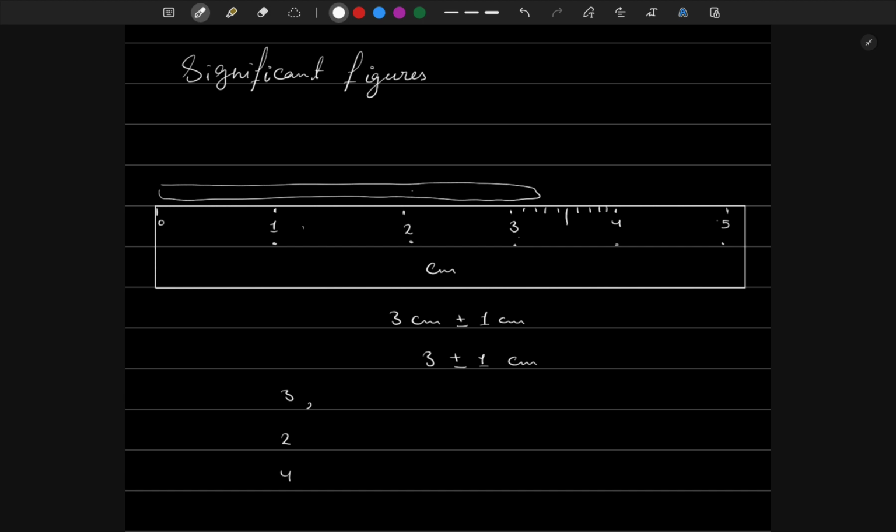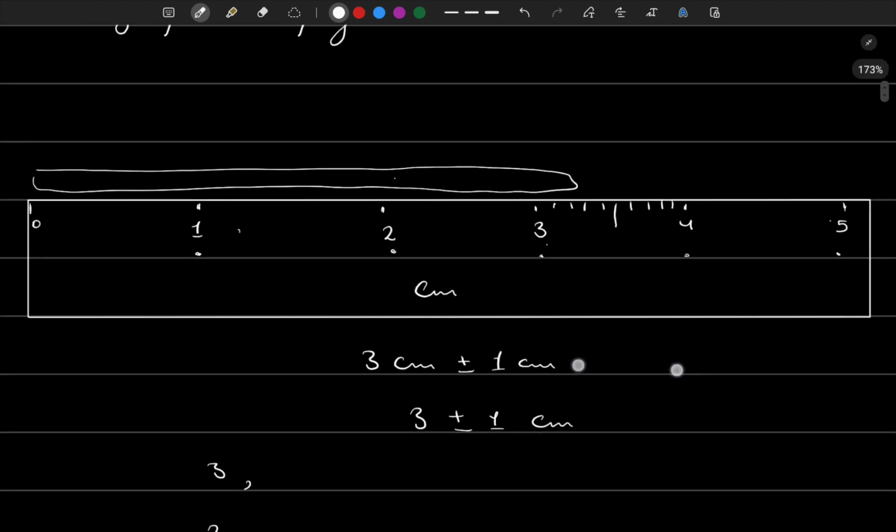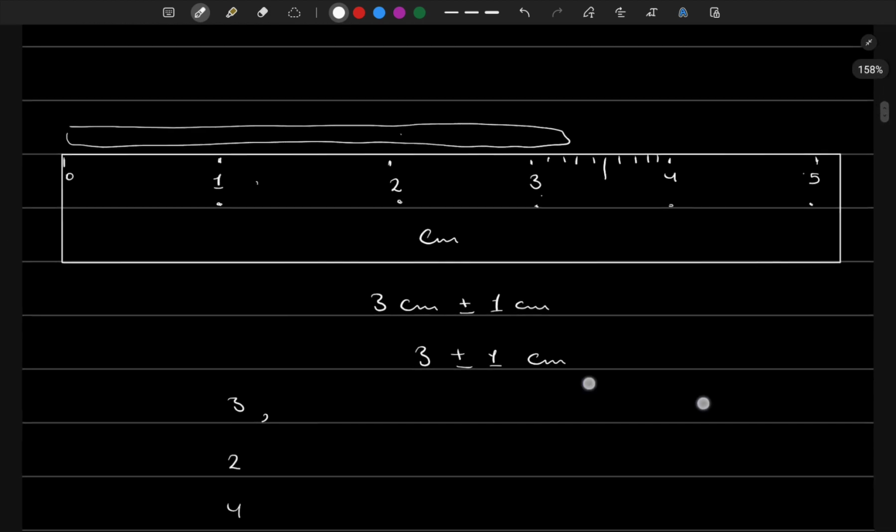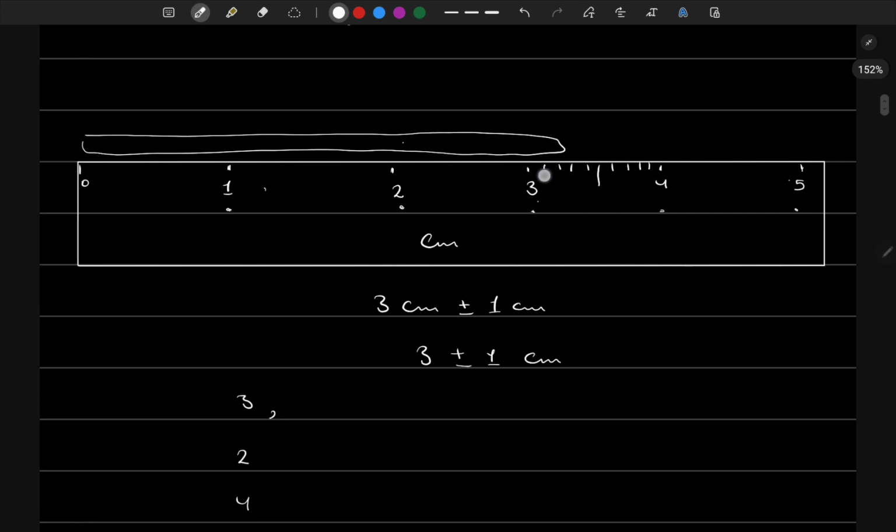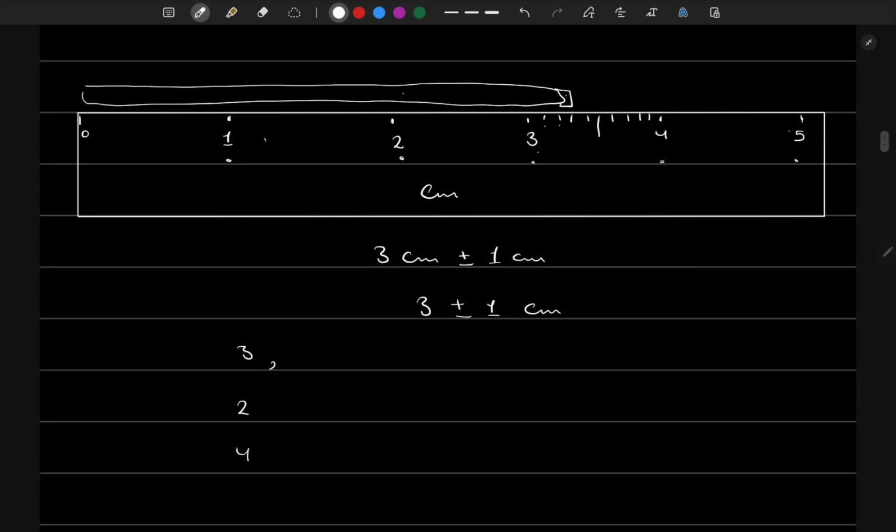So if I have a ruler that actually has millimeters, okay, I have added millimeters to my ruler, and now we can say that it's 3.3 centimeters, sorry. So now I can say that it's 3.3 centimeters.